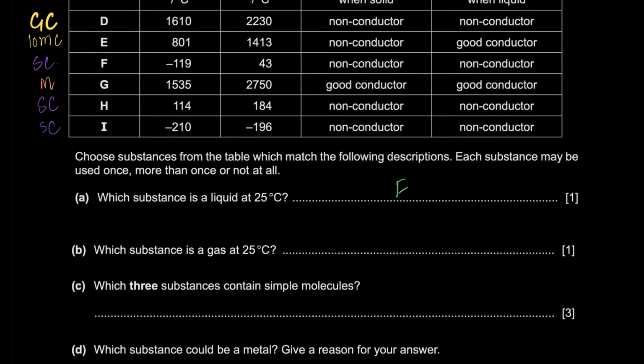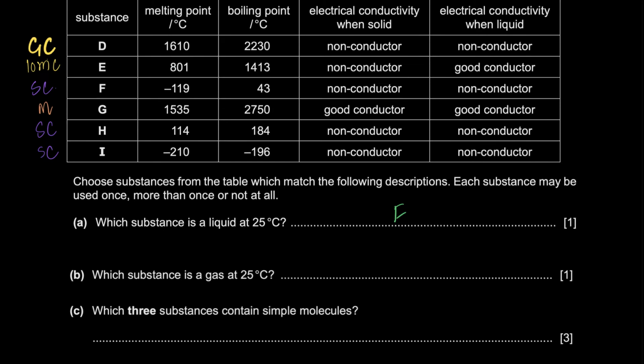Moving on. Which substance is a gas at 25 degrees? Out of all of them, it looks like that one is going to be a gas, because it boils at negative 196. So this is going to be a solid, a liquid, and a gas. So our best option right now is I, which will be a gas.